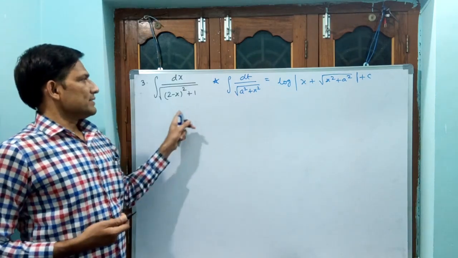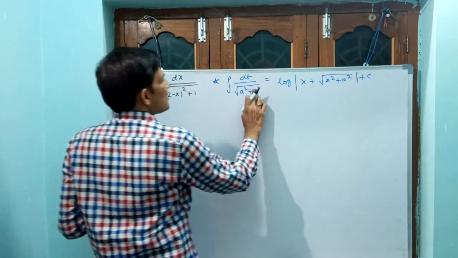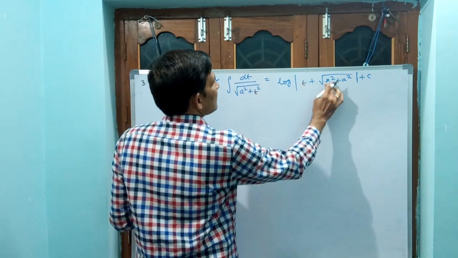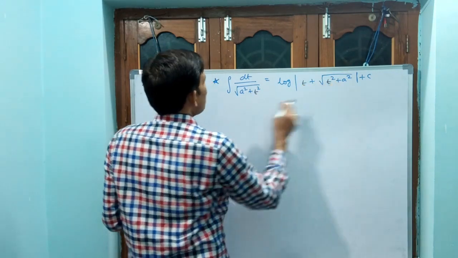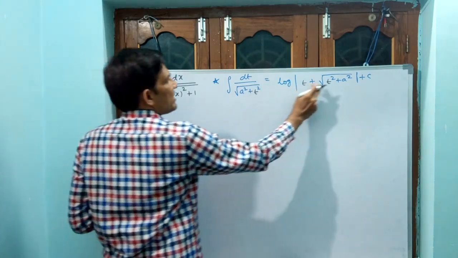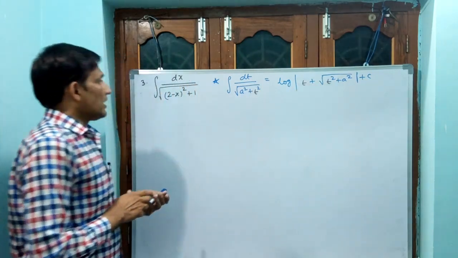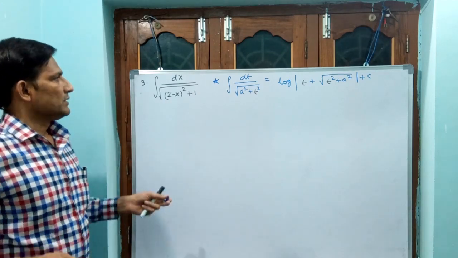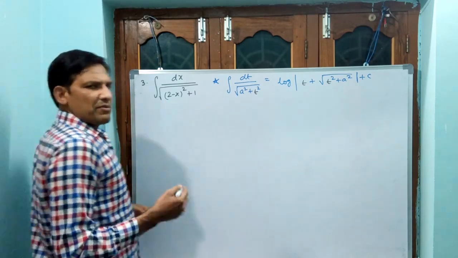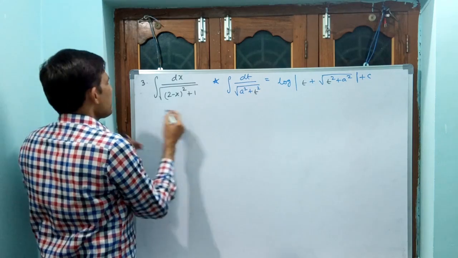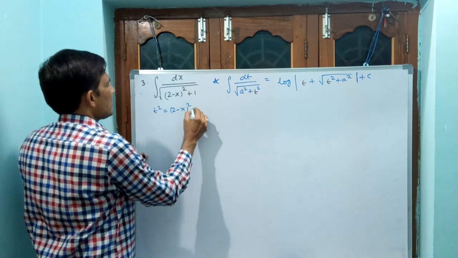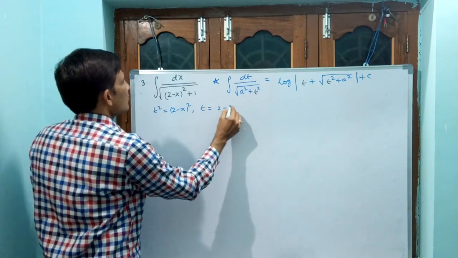Then you compare this: here t square has to come and here t has to come, because dt, t square, t square. Now come back again and compare. A square will be 1, a will be 1. T square is equal to (2 minus x) whole square, t is equal to 2 minus x.